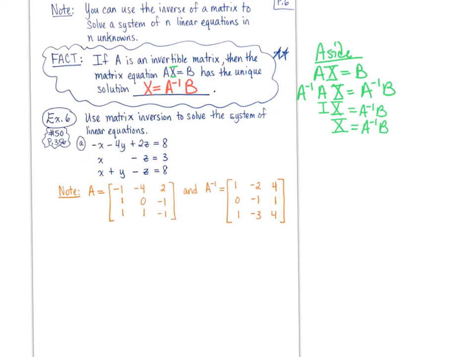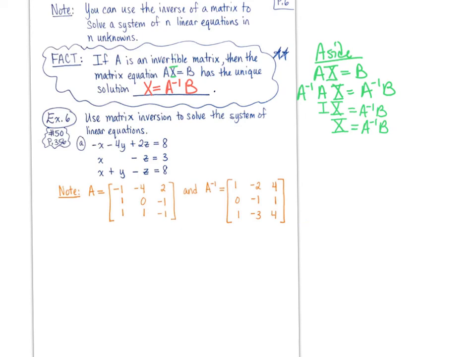Notice that I did not write down the augmented matrix, I just wrote down A. The augmented matrix would have 8, 3, 8 there, but this is just the coefficient matrix. So this column is X, Y, and Z. Then A inverse, which we just found, is equal to this matrix.